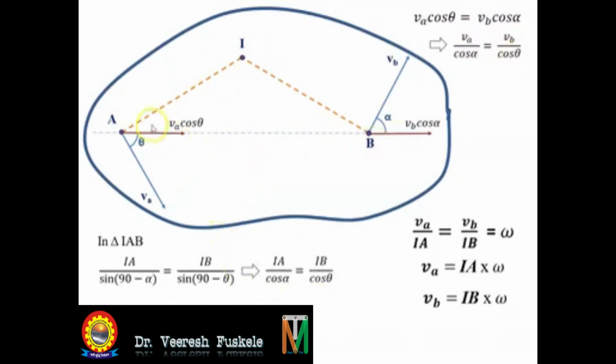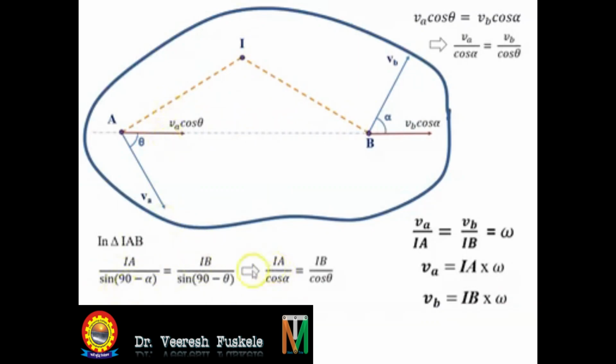As per the figure, this angle will be 90 minus theta and this angle will be 90 minus alpha. So in triangle IAB, we can write IA upon the sine of 90 minus alpha is equal to IB upon the sine of 90 minus theta.